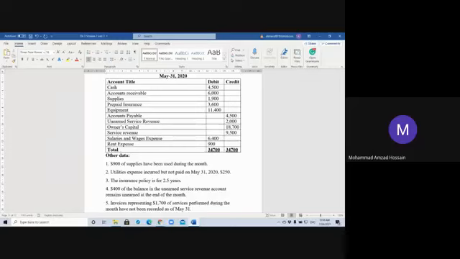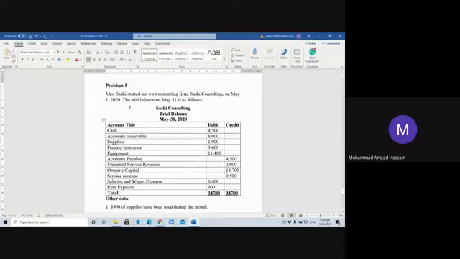Mrs. Shashi started consulting firm on the month of May 2020. The trial balance contains the following information for Shashi Consulting.